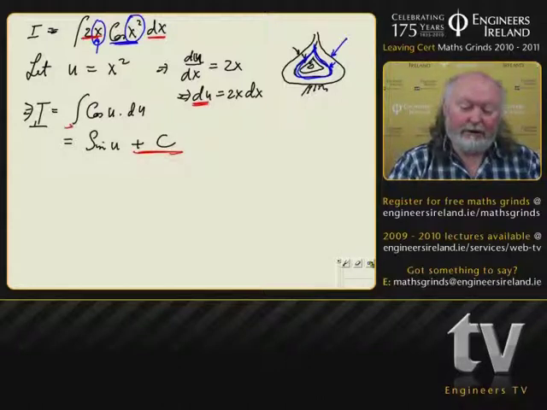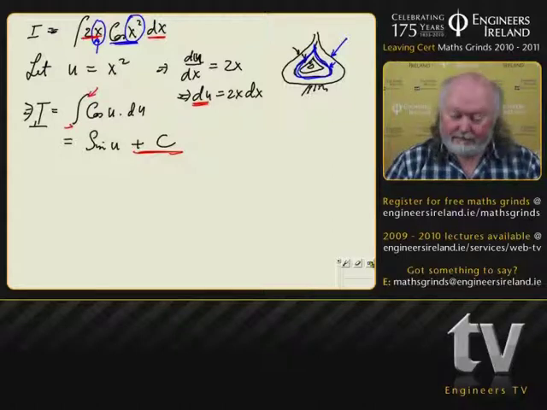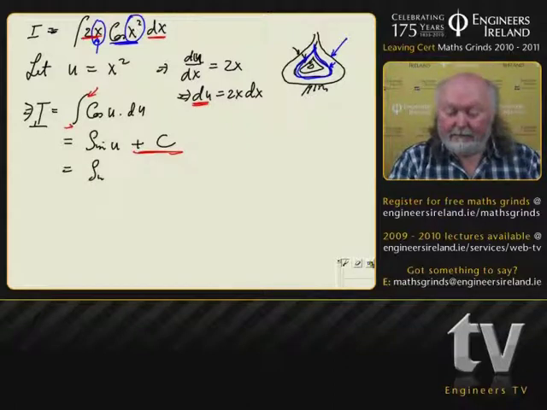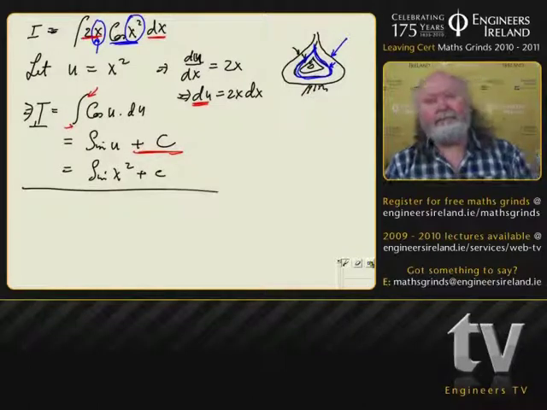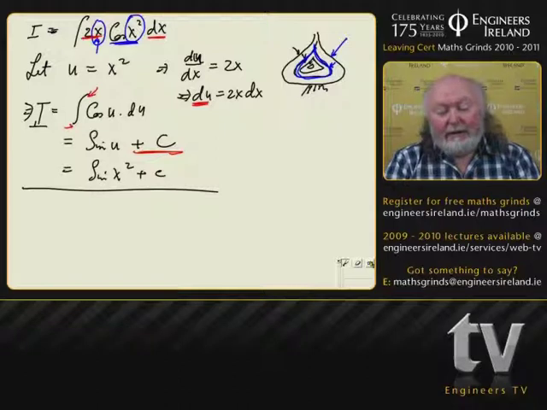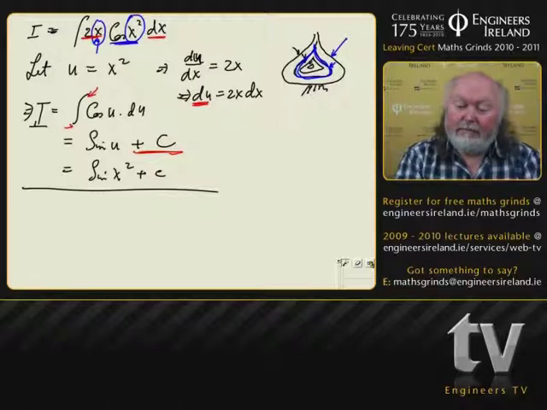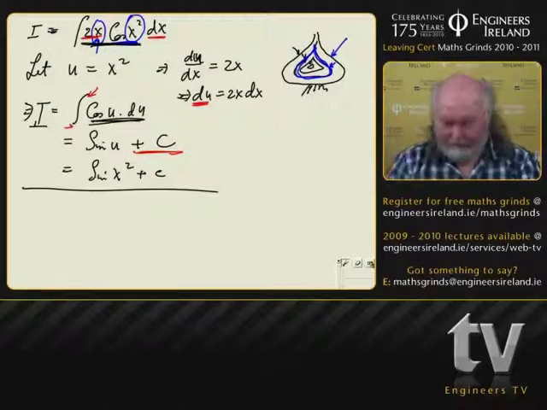We don't know what this is and we don't know what that is. And we substitute back our u as x squared. It's amazing how easy we can make a function by putting in a substitution. This was definitely a lot harder than that.